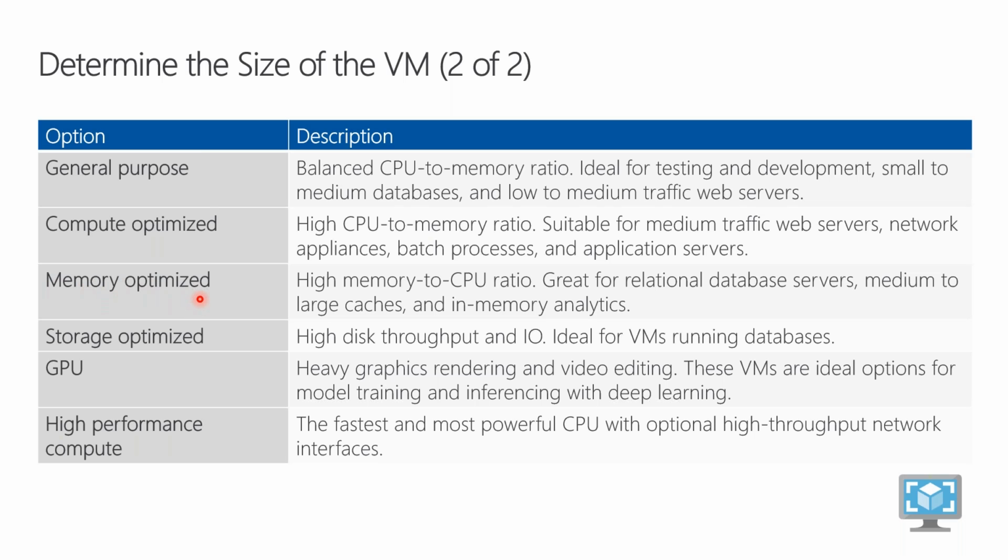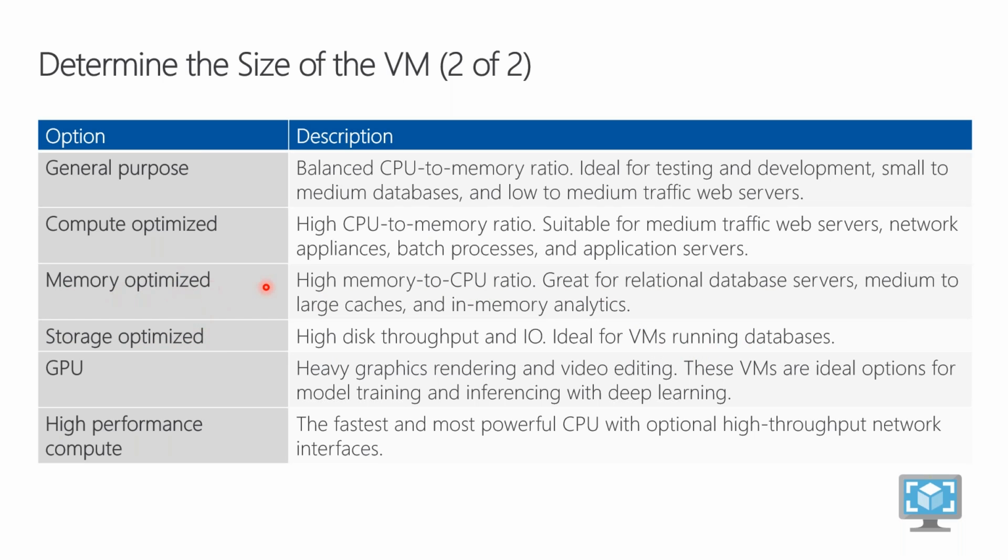Now you have memory optimized. Here, you will have more memory than CPU. This will be used for your databases. So why do we need memory? Storage optimized and memory optimized are both used for databases, so both will suit databases.